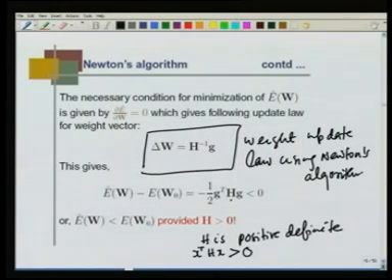So, H has dimension at least 100 by 100, because it is a double derivative. The dimension is huge, and inversion is computationally very expensive.